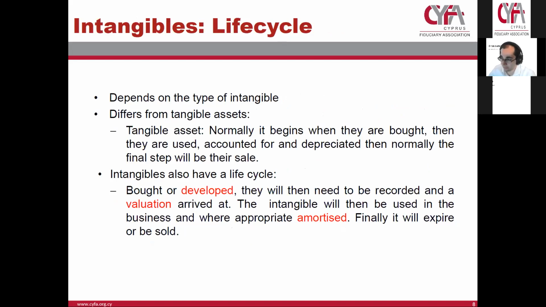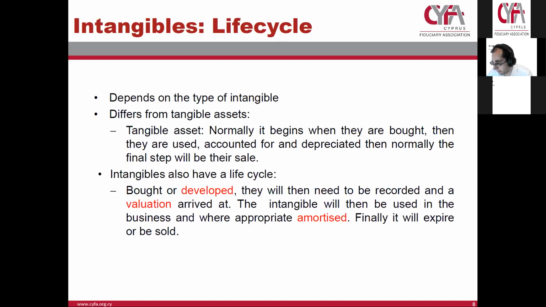So the life cycle of intangibles is also highly dependent on the type of intangible, and these are very different life cycles than normal tangible assets or other financial assets, because typically a normal tangible asset is bought or produced. They are used, sometimes depreciated or amortized, and they may be at the end sold or fully depreciated.